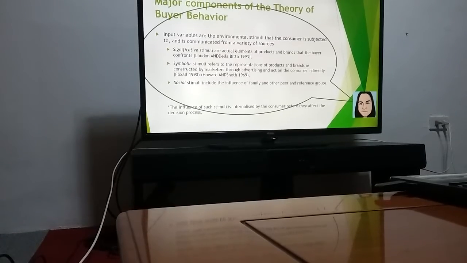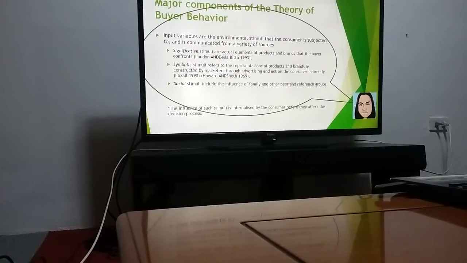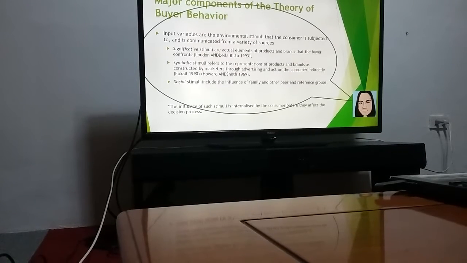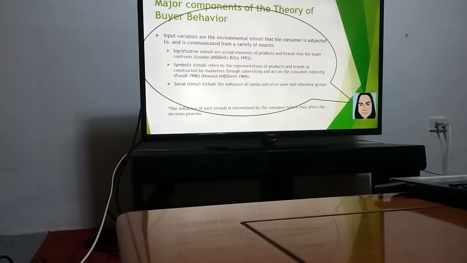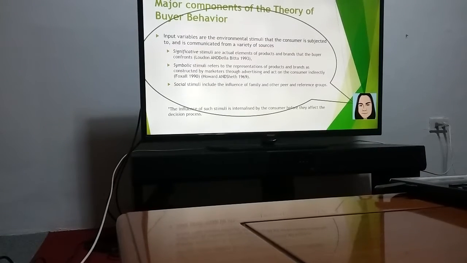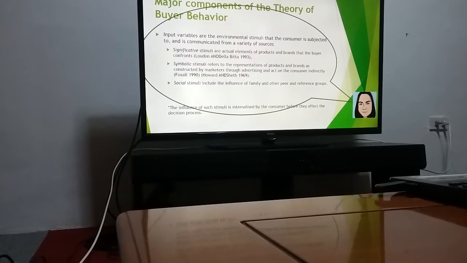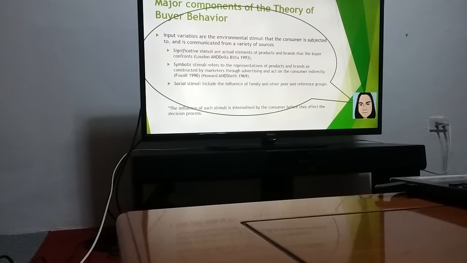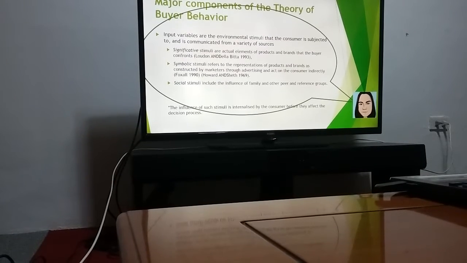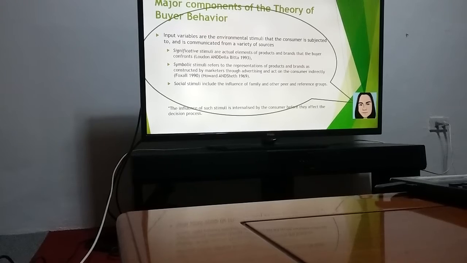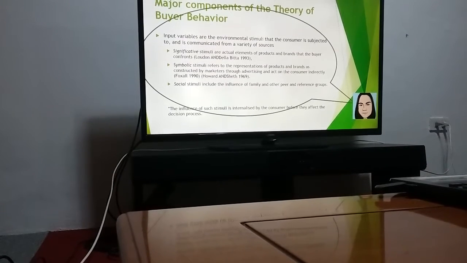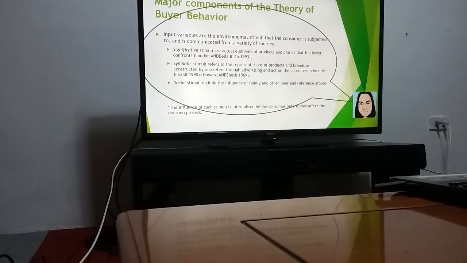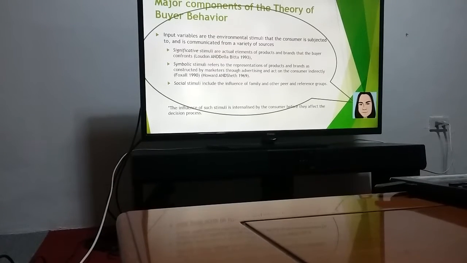People are buying Acer because it's known to have a very long life, because it's known to be durable and user-friendly. So those are the qualities of Acer, the qualities that a laptop, an Acer brand, have, kung bakit binibili siya at tinatangkilik siya ng mga bumibili.